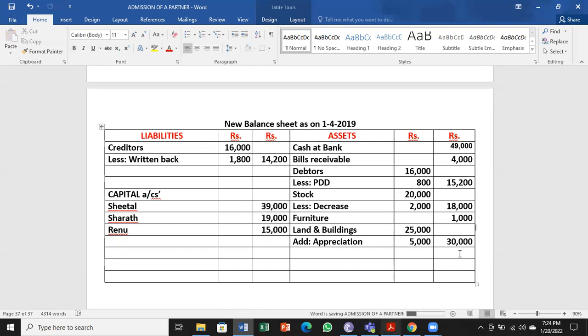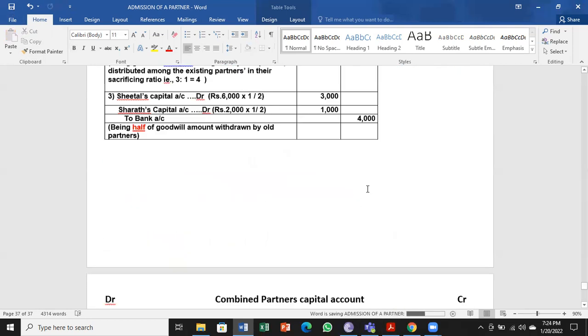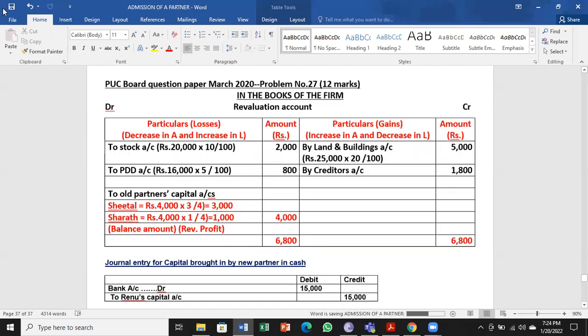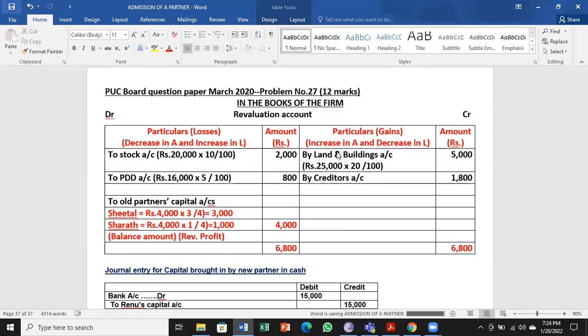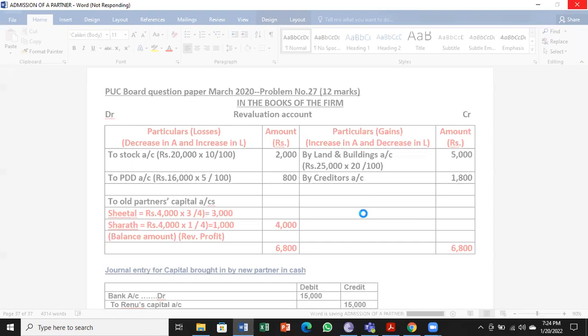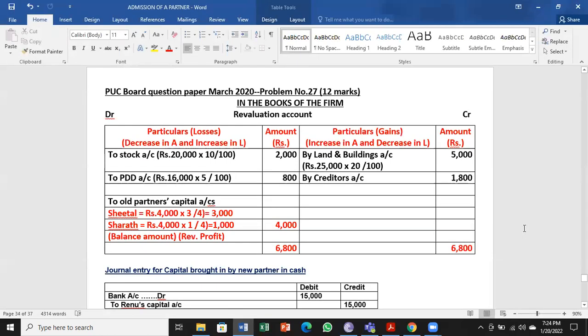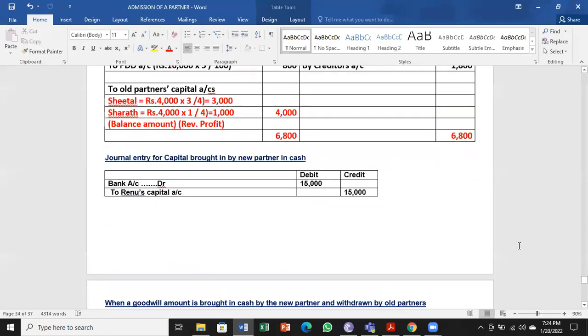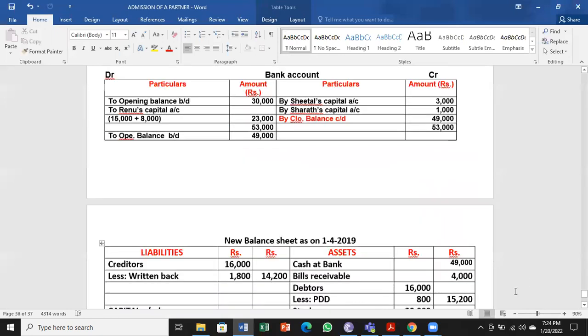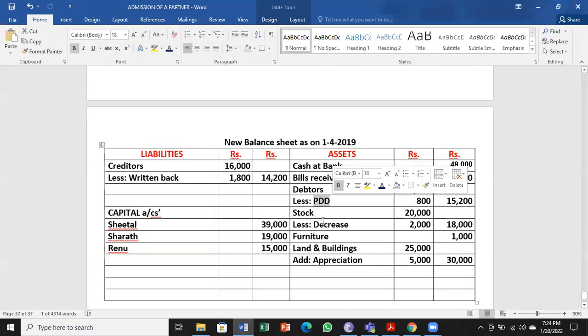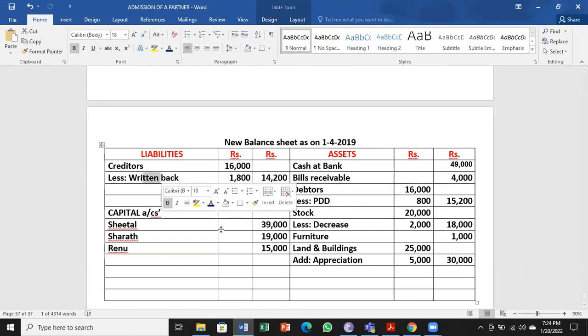Next, as I told you always, check the revaluation account. All adjustments must appear in the balance sheet, then only your balance sheet will tally. So land and building is taken, creditors are taken, stock is taken, PDD is taken. So all 4 adjustments are taken in the balance sheet. You can ensure PDD is done, stock decrease is done, appreciation is done, written back is done.